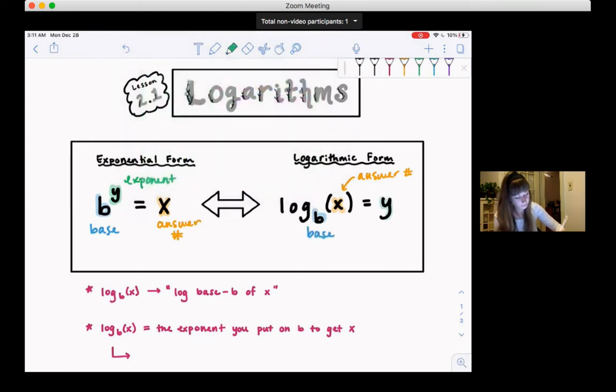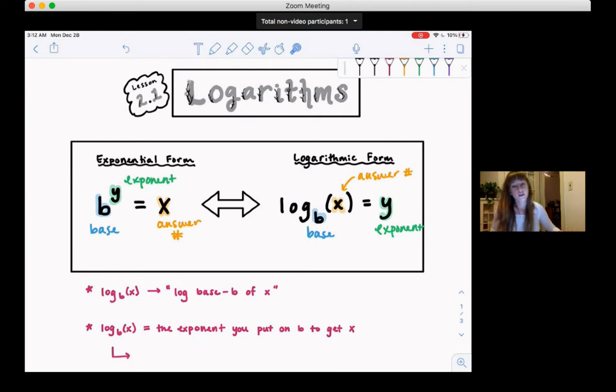And now the exponent is on the other side. So basically what logarithmic form does is it kind of flips the exponent and the answer number. In exponential form, we start with b to the y, and then we get x as our answer. In logarithmic form, we start with b and x, and then we get y, the exponent, as the answer.